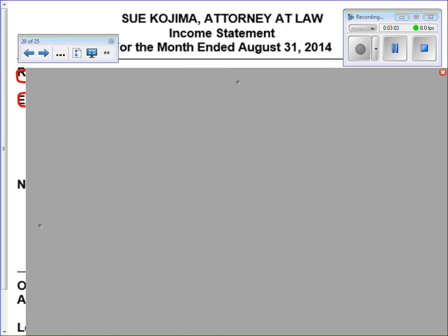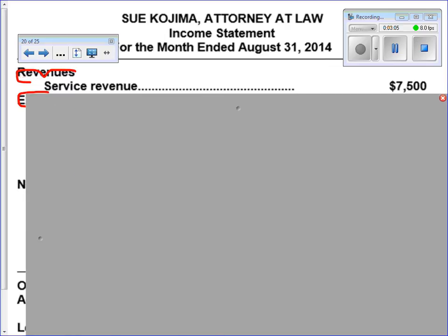As far as numbers, let's take it step by step. We have service revenue. Do you have two columns? Why are we going to stick that 7,500 way over on the right? It is kind of like its own total. We don't need to do any math with it. Are we going to see a single rule at this point?